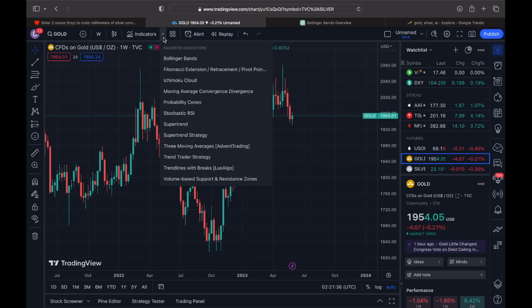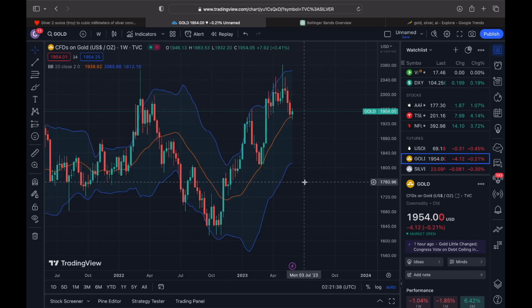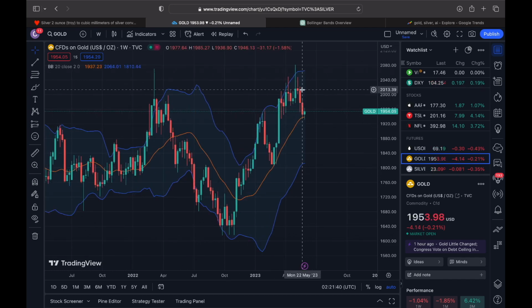Let's go ahead and take a look at the Bollinger Bands. So again, we've got the reversion to the mean after the local high here. And worst case scenario, we could see it back at 1,800. I don't think it's going to happen because that would mean it going below and staying below the moving average, but anything is possible.